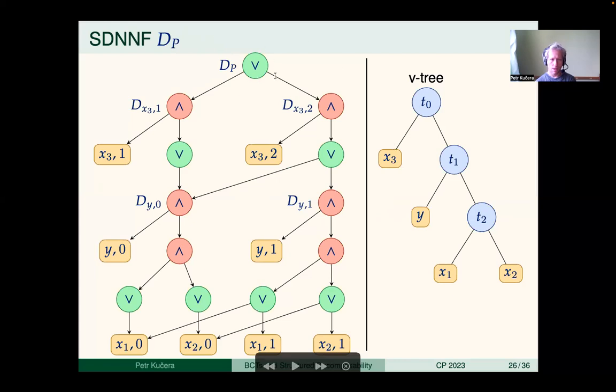So the root here represents the whole structure. The root basically says that it's a disjunction over all values in the domain of x3, and for each of them it states the subcircuit represents the fact that if x3 takes value 1, then we can satisfy the constraints that are below the root, which are all the constraints. So that's why the top node, the root here, is a disjunction.